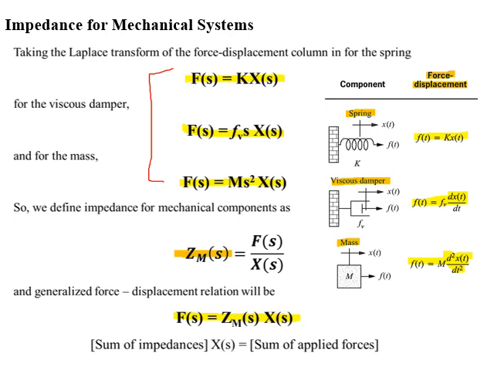Or we can say that impedance for a mechanical system is force divided by linear displacement. Or we can say that the sum of applied forces is equal to the linear displacement covered by the mechanical component multiplied by the sum of impedances.